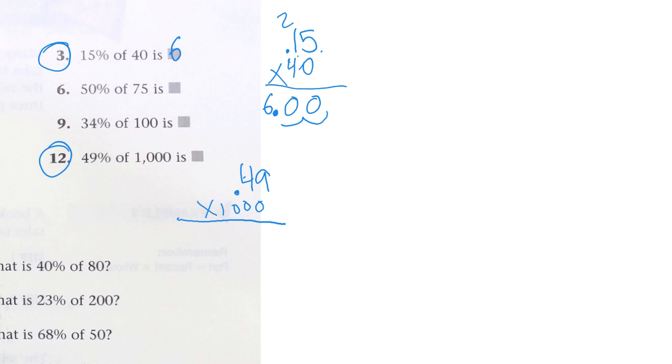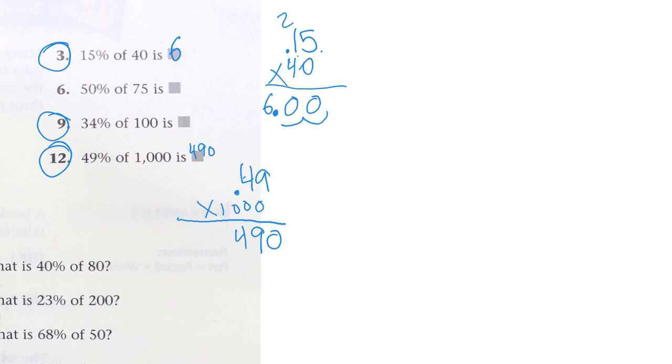We've got 1, 2, 3 zeros. So we're going to move the decimal place 3 times to the right. So 49 becomes 490. 49% of 1,000 is 490.